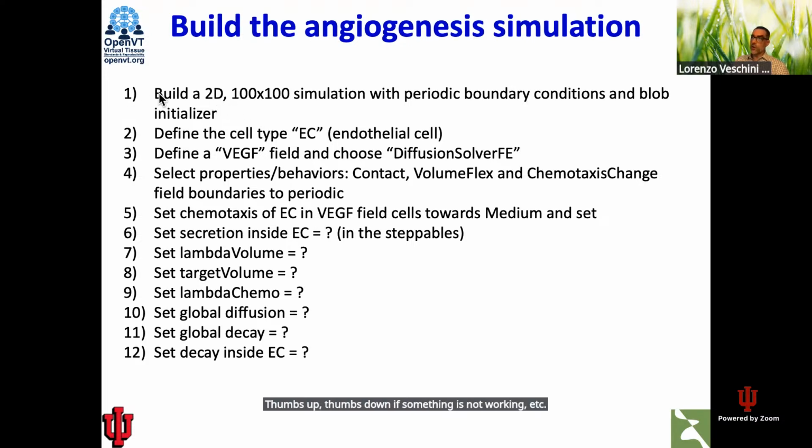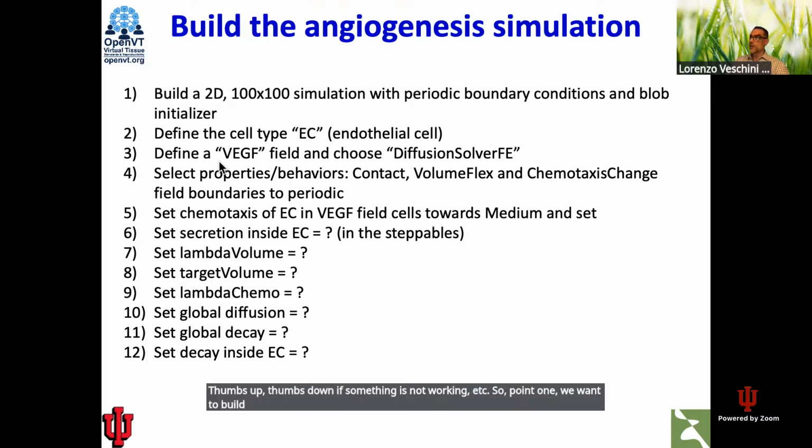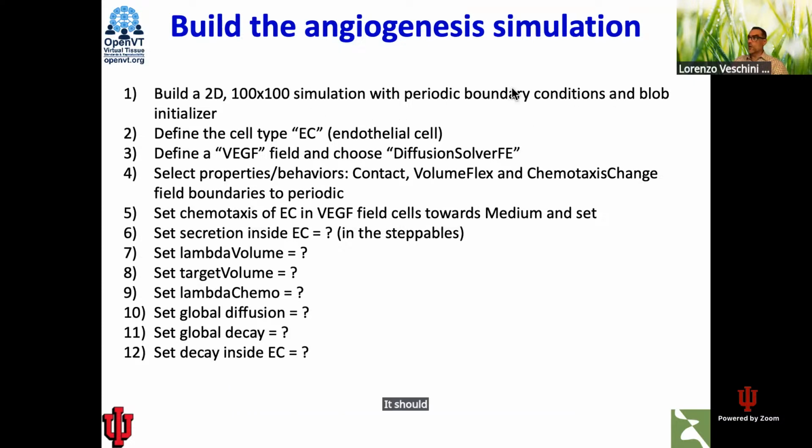So point one, we want to build a 2D 100 by 100. The one that you find in the material is bigger, 260 by 260. Your choice. It should work anyway. With periodic boundary condition, and you can use a blob initializer. The one in the material has a few ways of initializing.